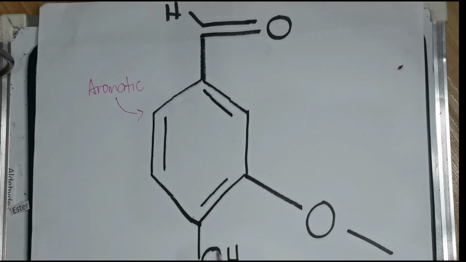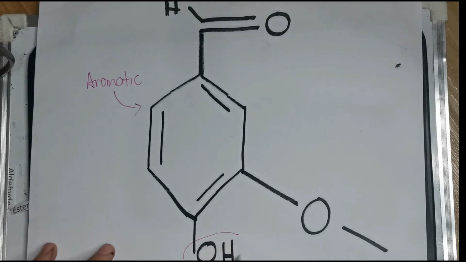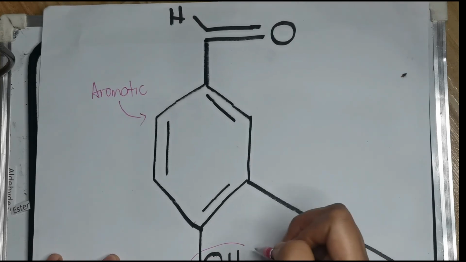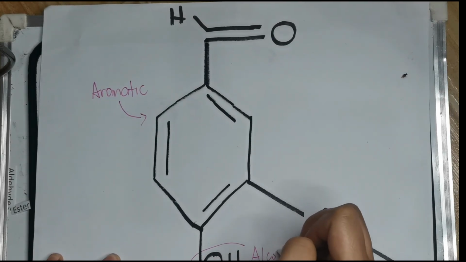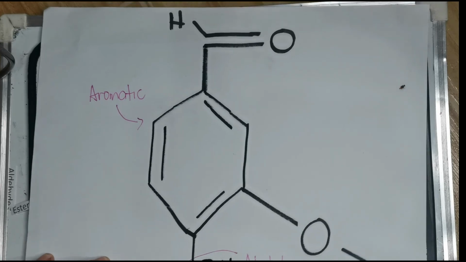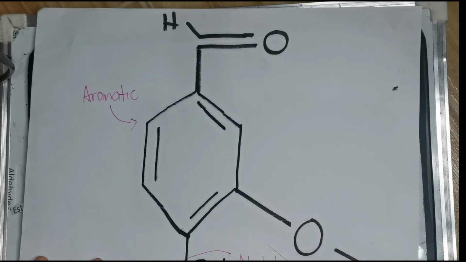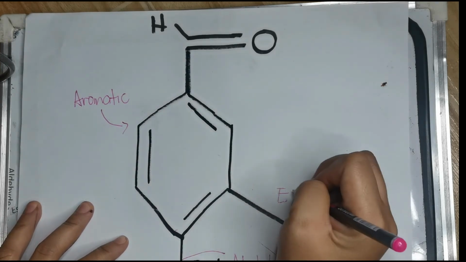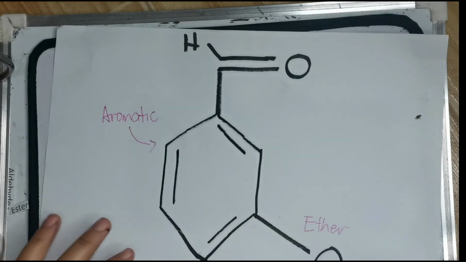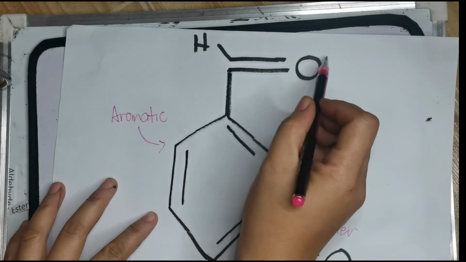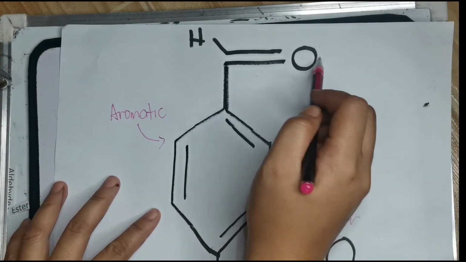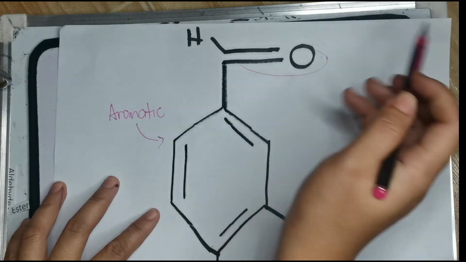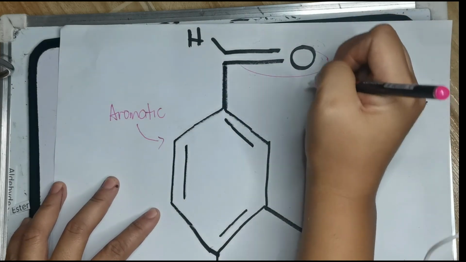Next, there is a presence of OH group, and that represents an alcohol. Now next, this two, a line structure between an oxygen, it is under ether. The next, this one, double bond structure of oxygen with the presence of hydrogen, it is under aldehyde.